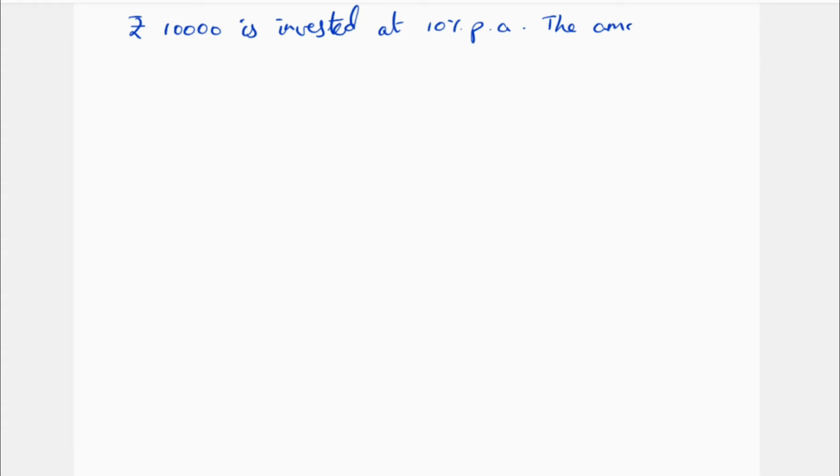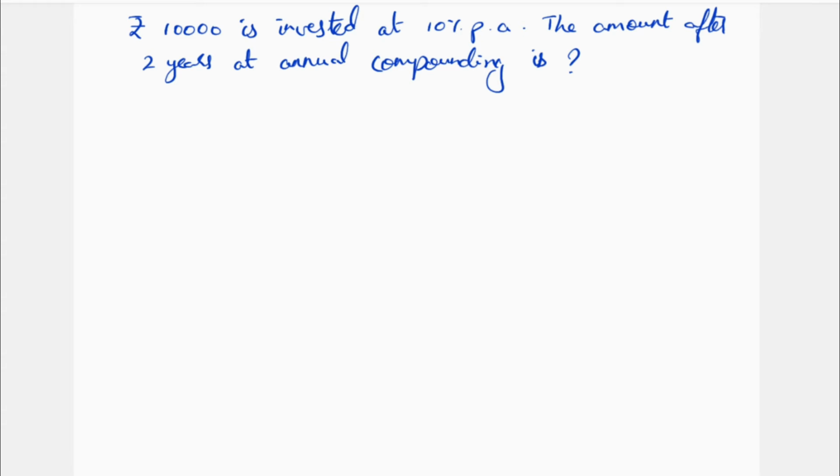The amount after 2 years at annual compounding is what? Okay, simple question. They have asked us what is the amount at the end of 2 years if you compound annually, not even at a smaller frequency, compounding annually only, at the rate of interest of 10% per annum.